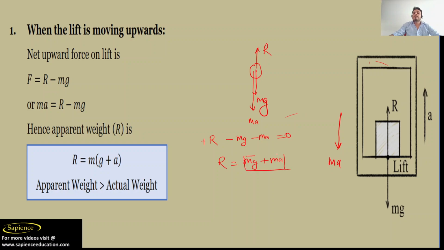It means that a weighing machine will show this reaction force. So when the lift is going upward, the reaction force is increased by ma. Earlier it was mg when at rest, but when the lift starts moving upward, ma is added. That's why the apparent weight is increased from the actual weight when the lift is moving upward. I hope you have all understood now.